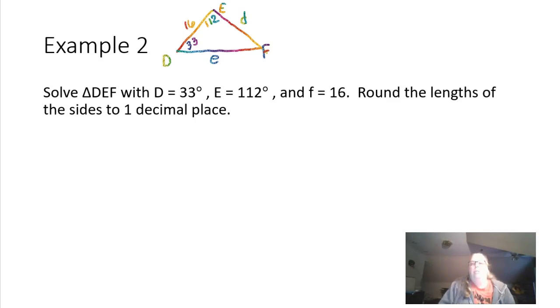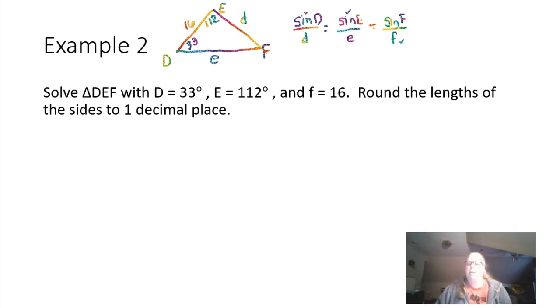All right, our proportion would be the sine of angle D is to side D, as the sine of angle E is to side E, as the sine of angle F is to side F. If you take a look at the information that we have here, I know this one, and I can get this one, and I can get this one.